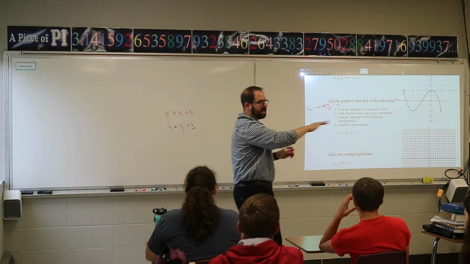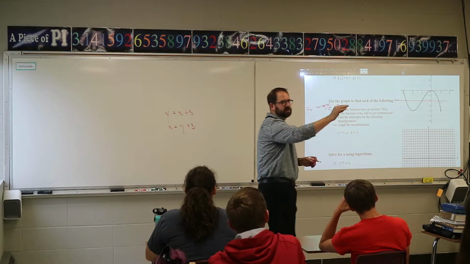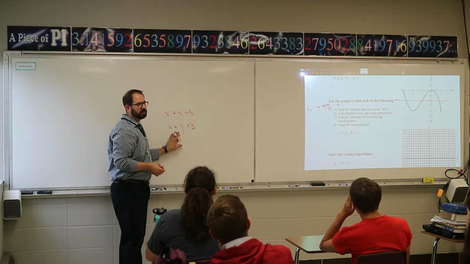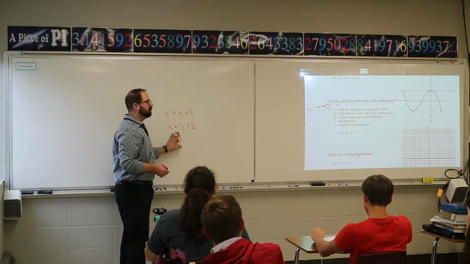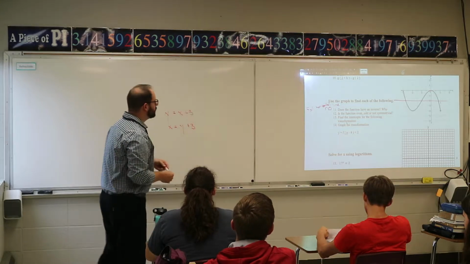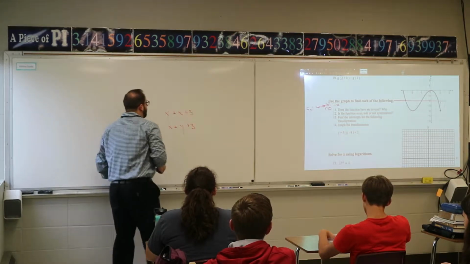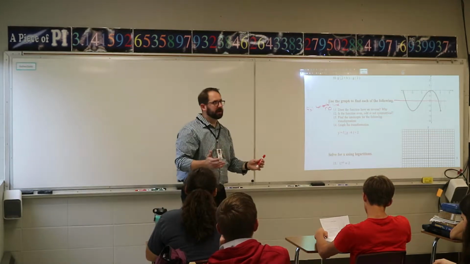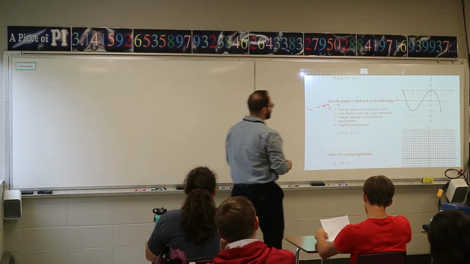When I draw a horizontal line anywhere, did I hit the graph more than once? Yes, so it failed. I won't be able to switch letters and get to a final answer. It probably has radicals or something in it, because I'll have plus or minus answers. Okay, questions? So failed the horizontal. That's literally the explanation, just my drawing that kind of showed it.